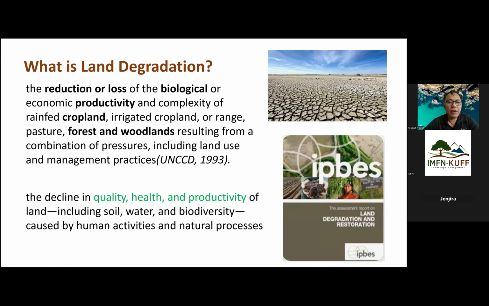According to the FAO and UNCCD convention, it is defined as the reduction or loss of biological and economic productivity and complexity of rainfed cropland, irrigated cropland, range, forest, and woodland, resulting from a combination of several drivers, including land use change and poor management practice.